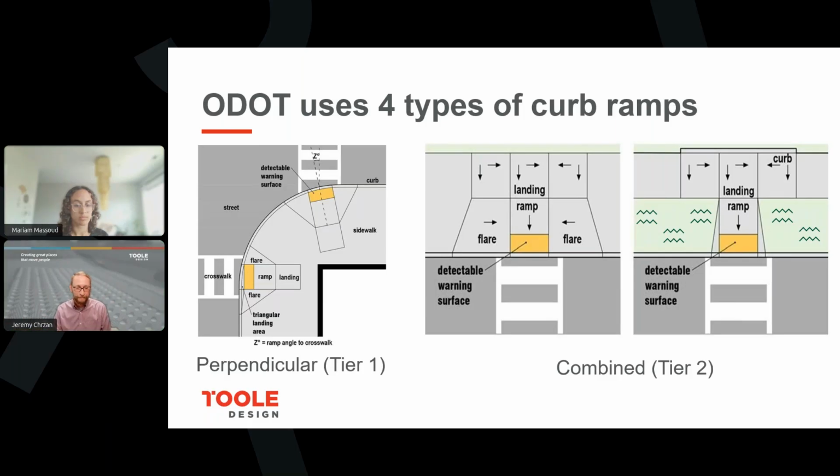So again, perpendicular ramps is ODOT's preferred design, and you can only move to those lower tiers if you can't construct a perpendicular style ramp.